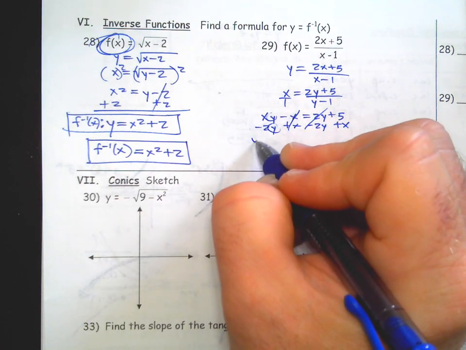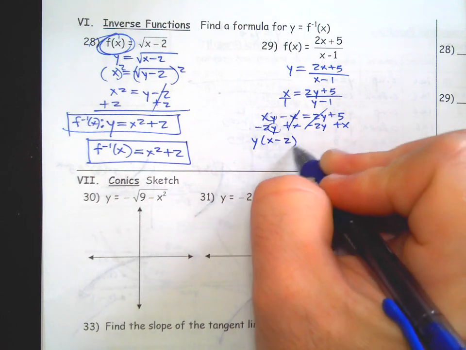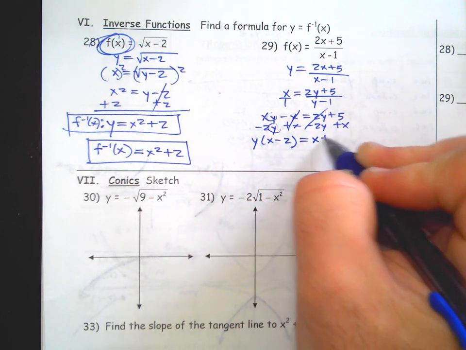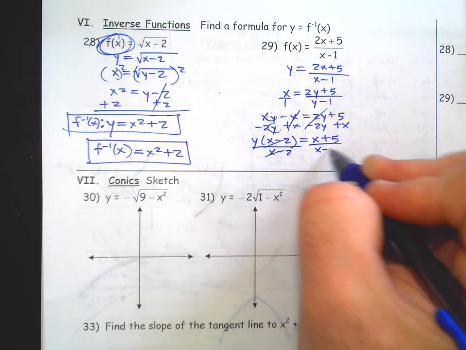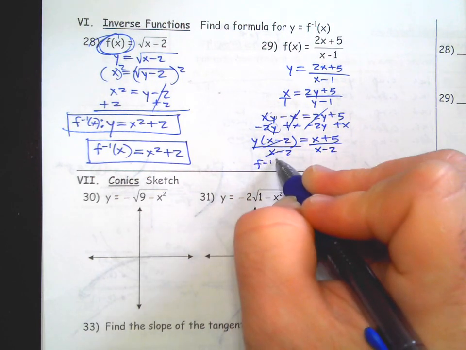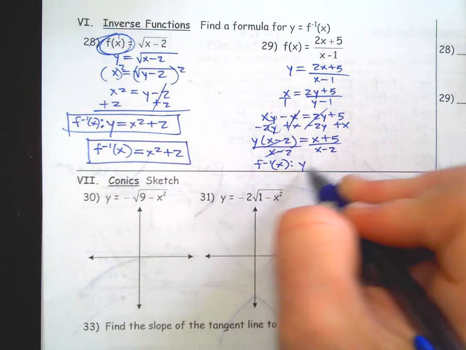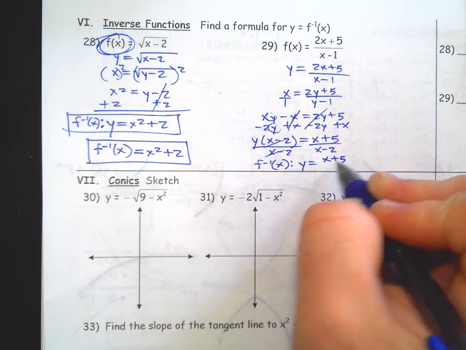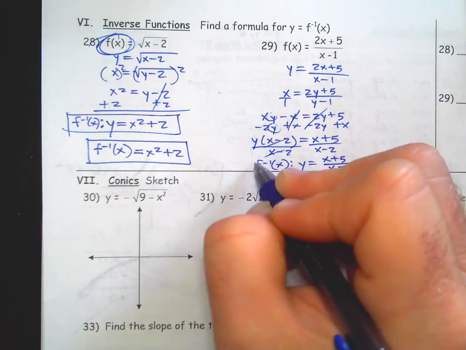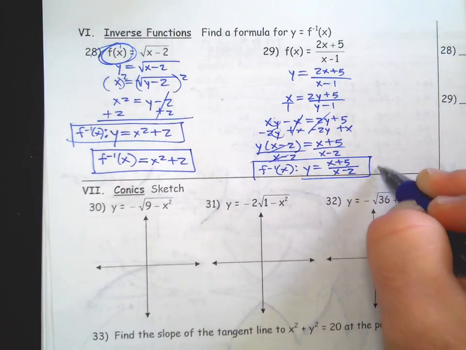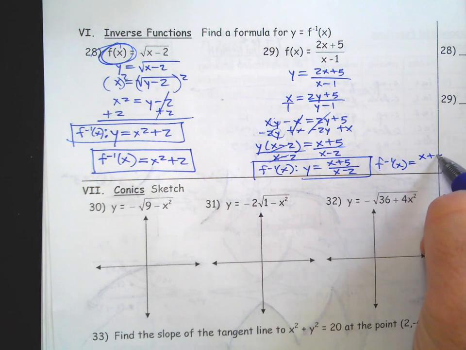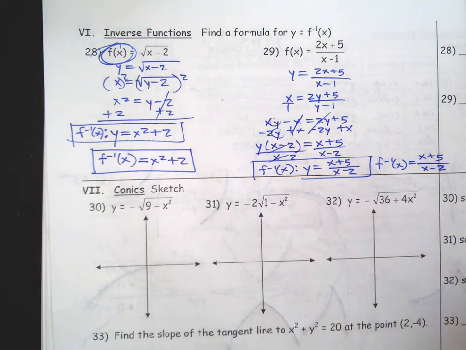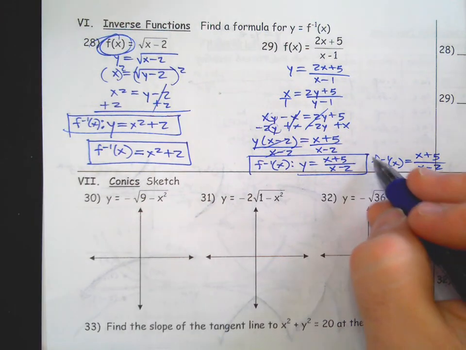Then I'm going to factor y out of them because I can't combine them, and divide both sides by that. So the inverse function is y equals x plus 5 over x minus 2. Or, maybe a little better, the inverse function equals x plus 5 over x minus 2, because there were really no y's in the work, but either of those is fine.